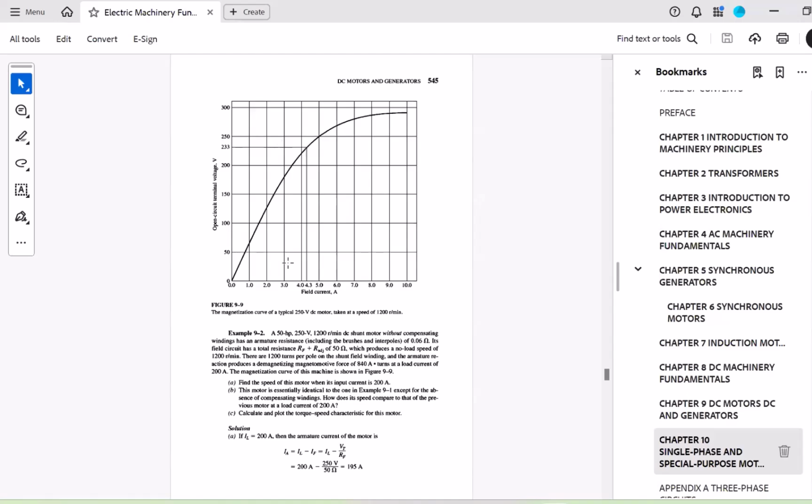However, look at this curve. This curve is the magnetization curve of the machine. We mentioned that we usually give this curve at a specified speed of the machine. So in this case, this curve has been given at 1200 RPM, which means that at 1200 RPM, if you give it an equivalent 4.3, it would produce 233.